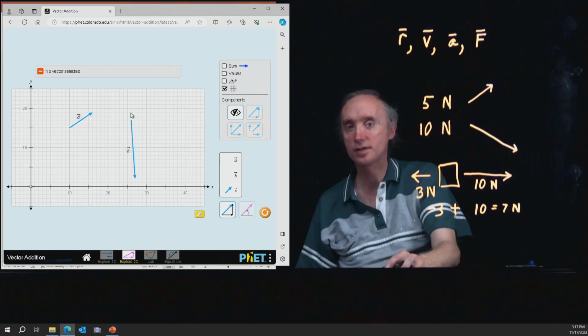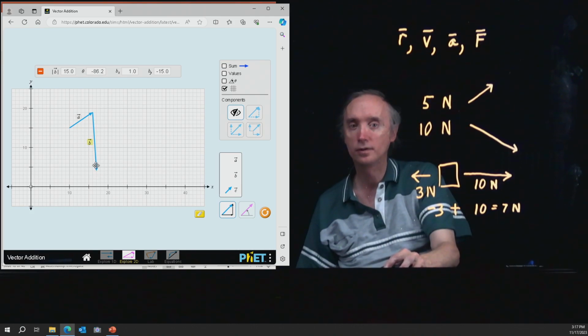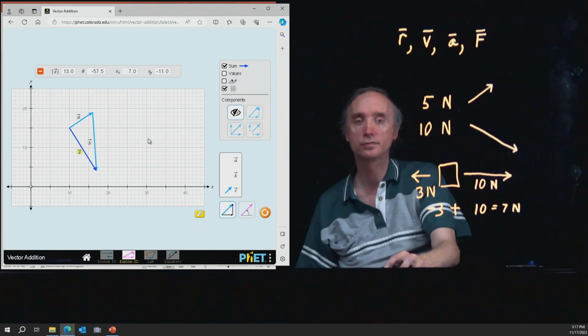So let's take the tail of this one and put it at the head of that other one. And then my final answer is going to be where I begin, and then I go this way and this way. Here's where I end. So I got to go from here over to here. So I hit my sum button. And now I can pick this one up and I can put it over here, and it works.